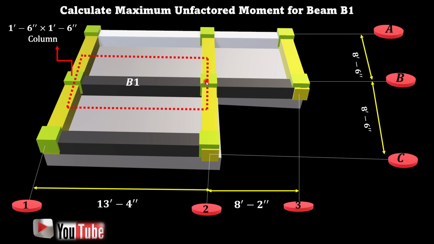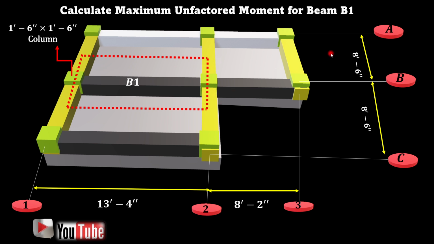So if you go halfway through from each side, this distance is 8.5 feet, and the other one is also 8.5. So half of the length from this side, half of the length from the other side.